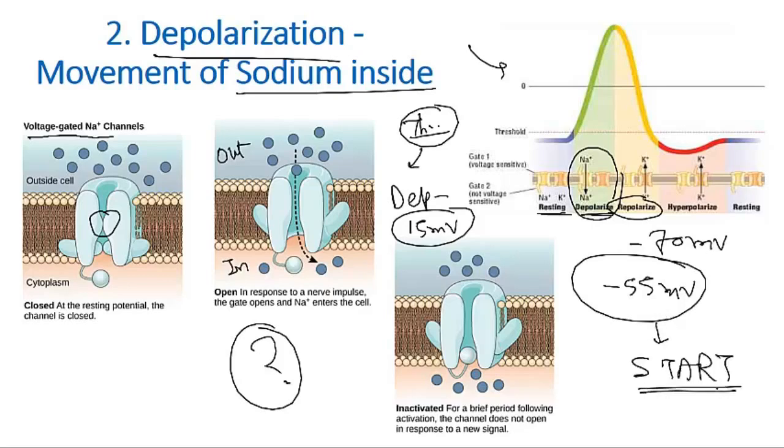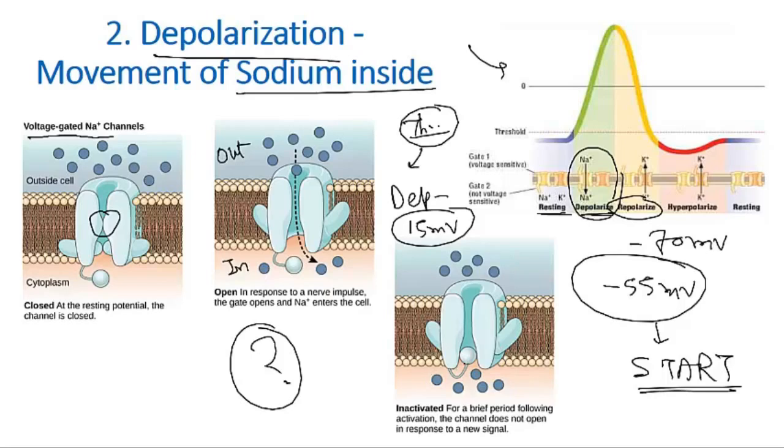Otherwise, the action potential will never start. So even if there is a stimulus, but it's very low and does not bring the membrane potential to minus 55 millivolts, it will not allow the action potential to begin. Now as it begins, sodium starts flowing inside. Now we have a process to stop that.